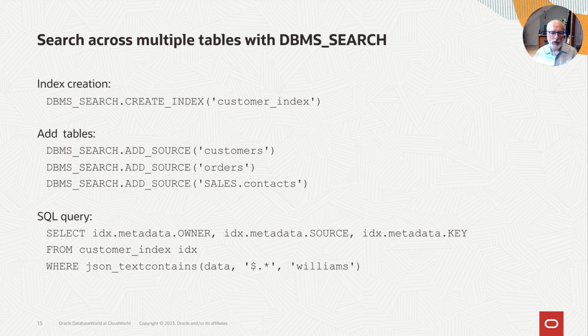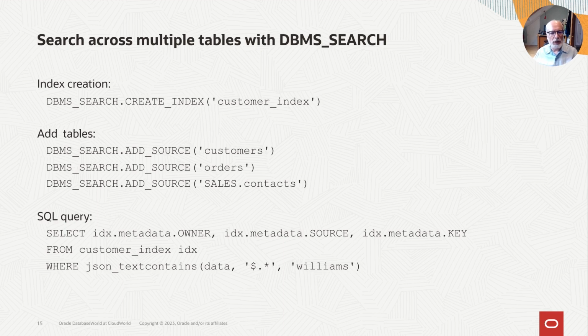So we get one row in this customer index table per row of the original sources, and it stores it with this metadata column showing us the source and a data column, which is the virtual document. So it's not actually stored there, it's just constructed on the fly, indexed, and then thrown away.